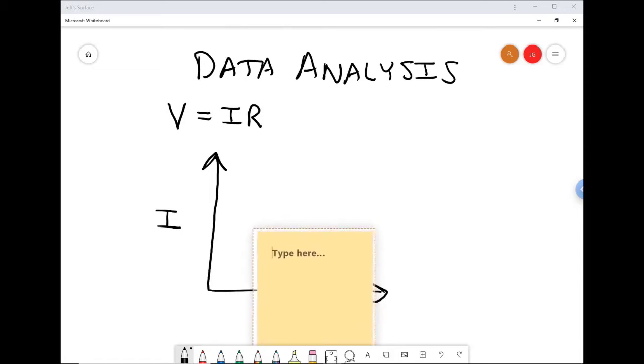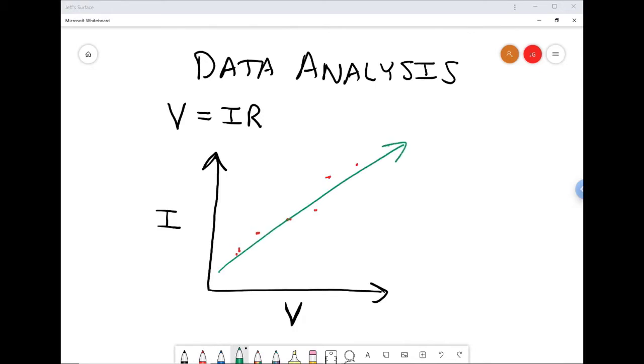So you have these data points that you can plot, and then if you fit the data with a line of best fit, the slope of that line of best fit is related to the resistance.